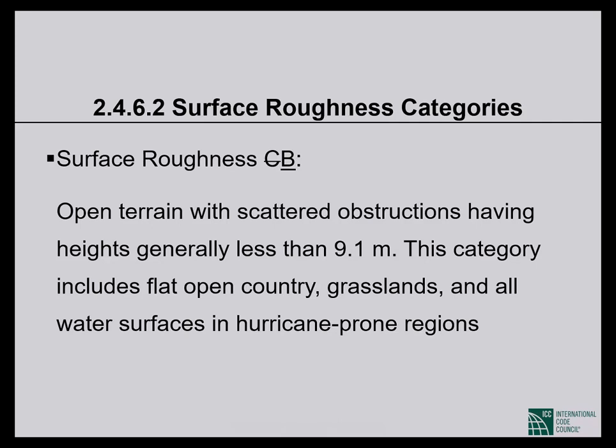That's about 30 feet. This category includes flat open country, as I mentioned to you already, grasslands, all water surfaces in hurricane-prone regions. I should have made it cyclone-prone. In cyclone-prone regions, when wind comes over the water, it is surface roughness B.